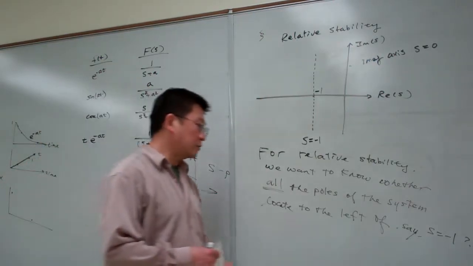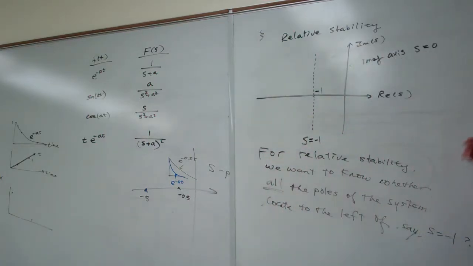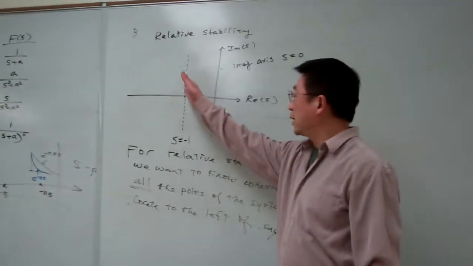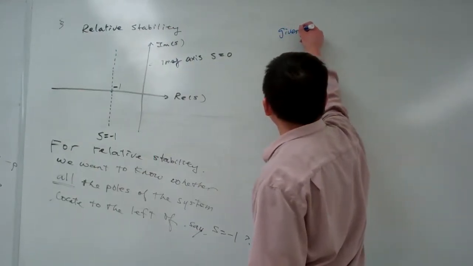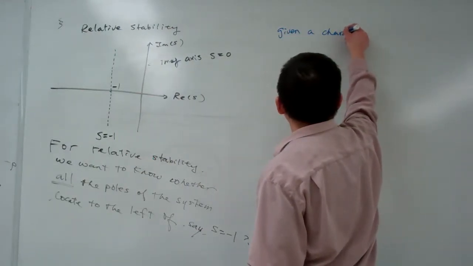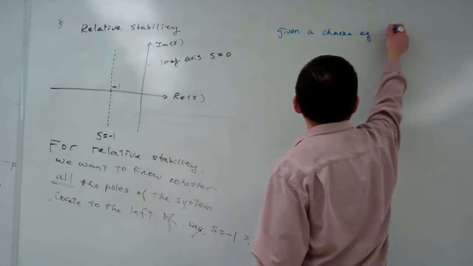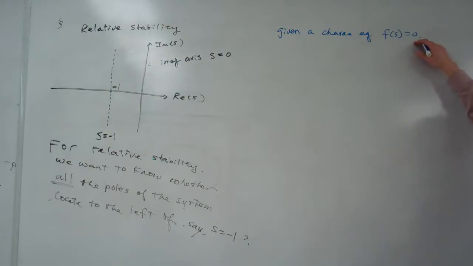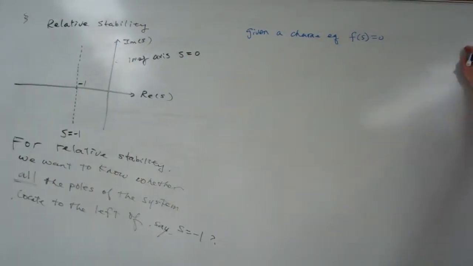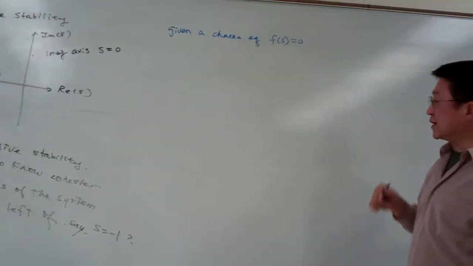To do so, the way we can try is this: we simply apply the Routh Hurwitz criteria to the new axis. For example, if we are given a characteristic equation, let me call it f(s) equal to 0. It can be any example we've seen in our normal situation in today's lectures.